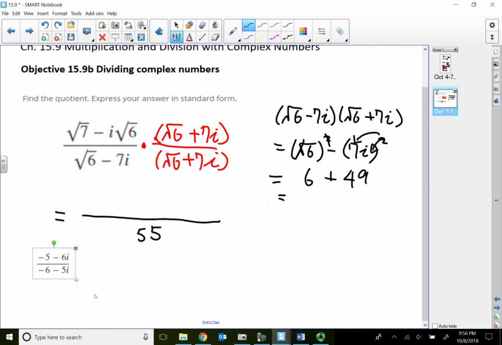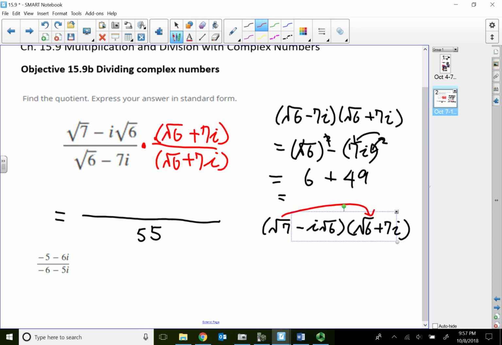So I can move this down here in a minute. So let's do the top. This is two terms representing one numerator, so I'm going to put them in parentheses. So that's square root of 7 minus i square root of 6 times my square root of 6 plus 7i. So let's do a FOIL method here.